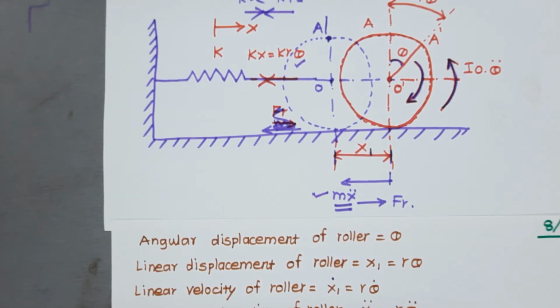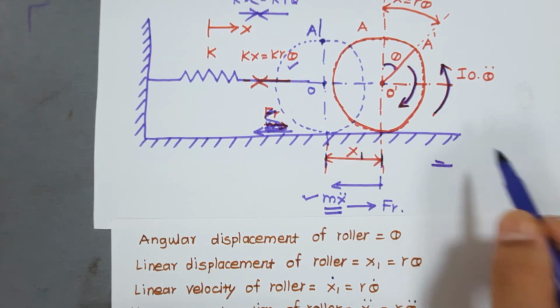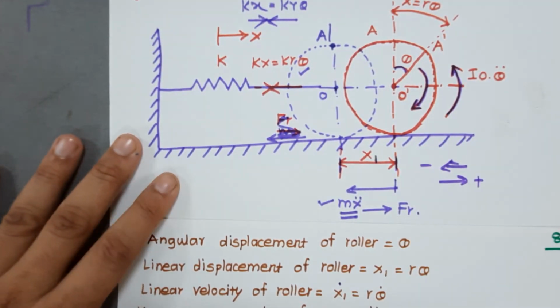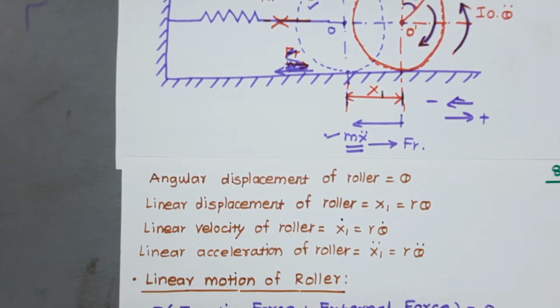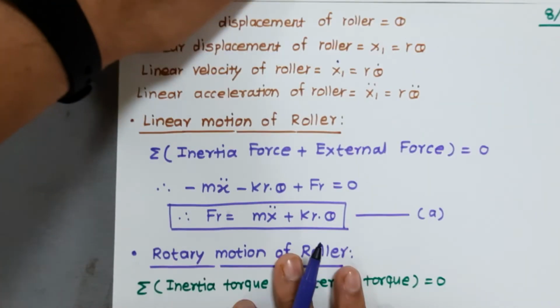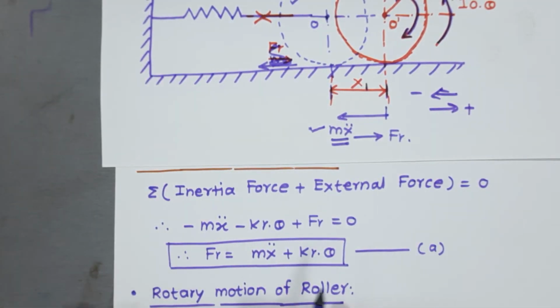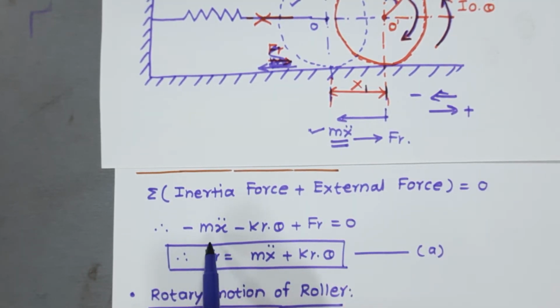So here I am going to take left hand forces negative, right hand forces positive. So mx double dot is the force acting in left hand direction, so it is minus mx double dot.